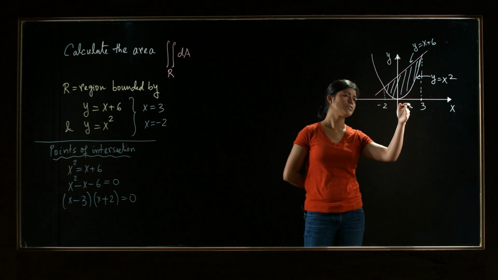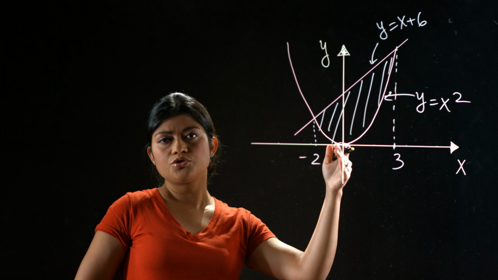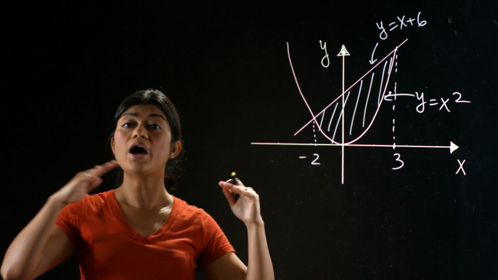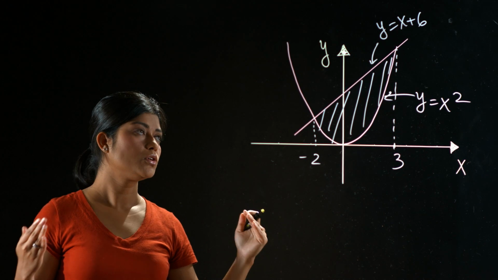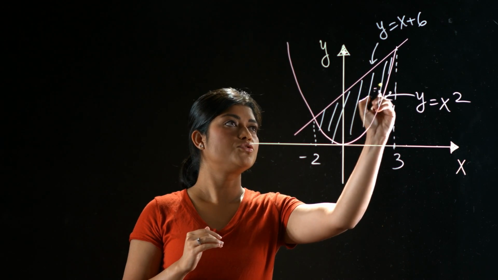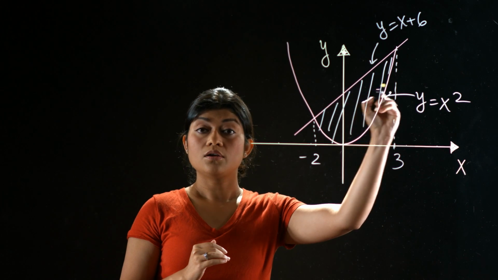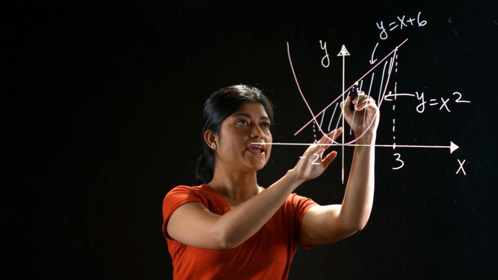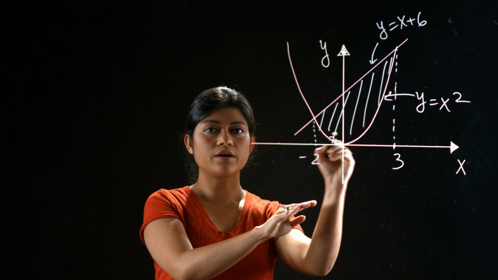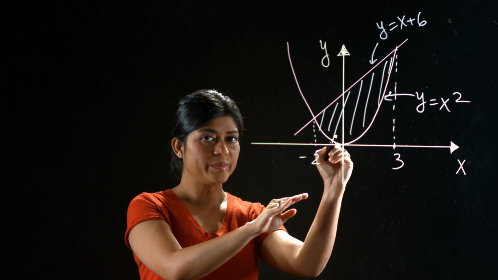Look at this region. What if you want to draw the rectangles horizontally, which means you want dy to be your outer variable? Notice if you do draw the rectangle horizontally, the rectangle right here will look different than the one right below here. What do I mean by that?